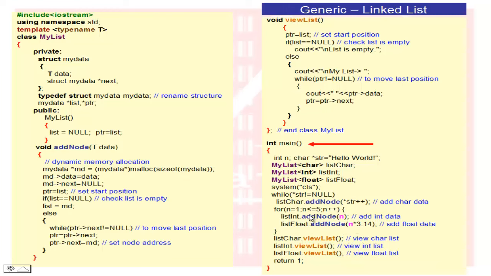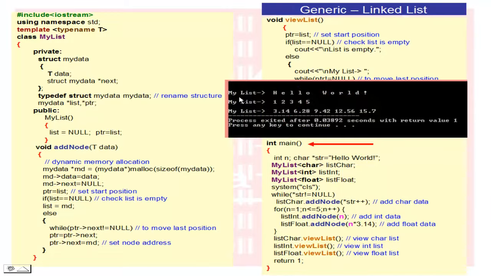So it's very simple, the loop is running, passing n, so 1 2 3 4 5 times it is adding, and here also 5 times it is adding float values by using the variable n multiplied by 3.14. So that is the float data. Now we check one by one: list character view list, list int view list, and list float view list. So if you run the program in C++, the output is this.